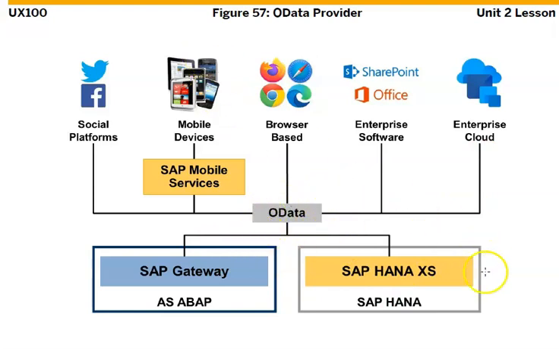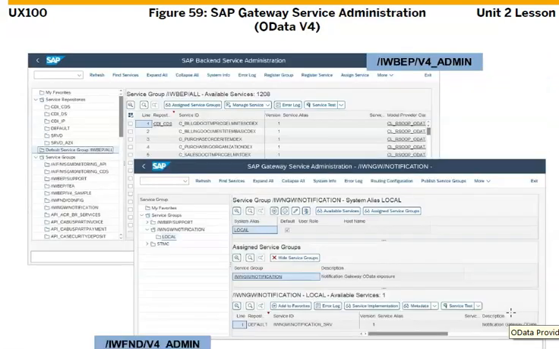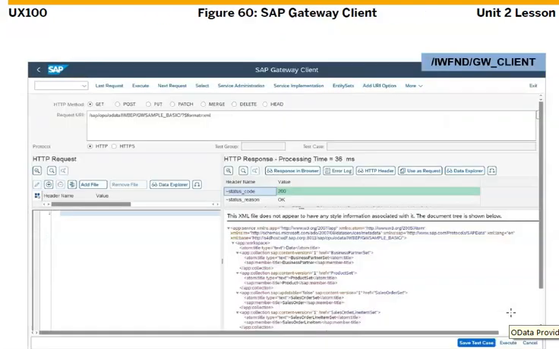Otherwise, you'll not be able to see the data. In some cases, a bit of the OData method code will be auto-generated. This is all SAP Gateway now.